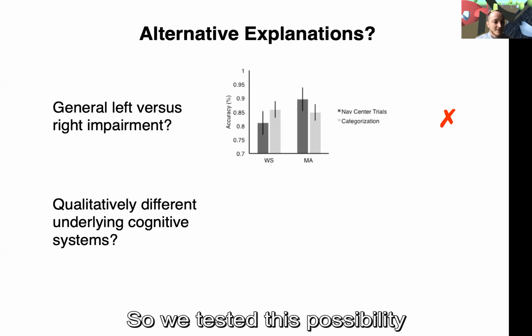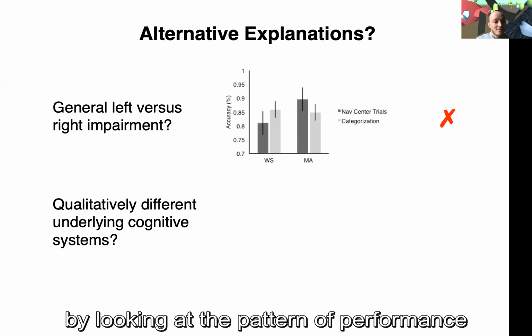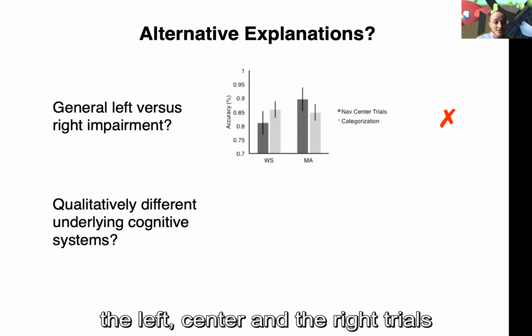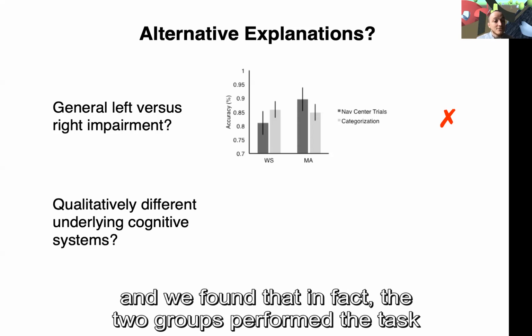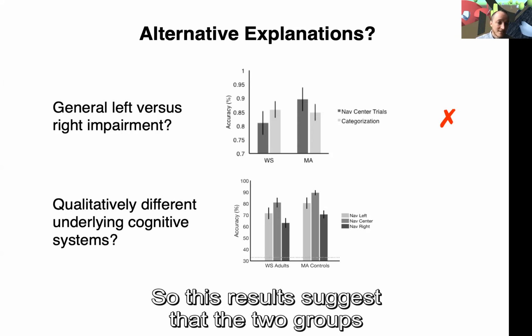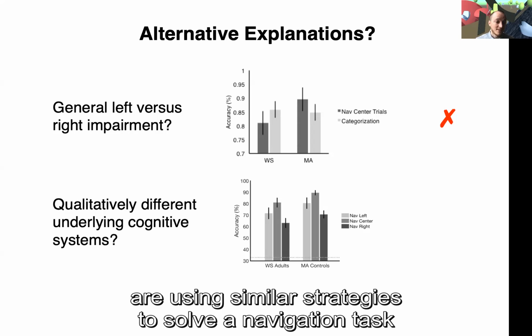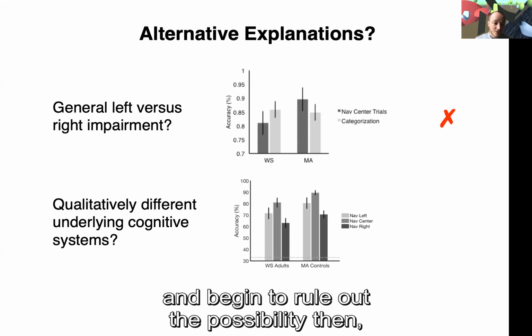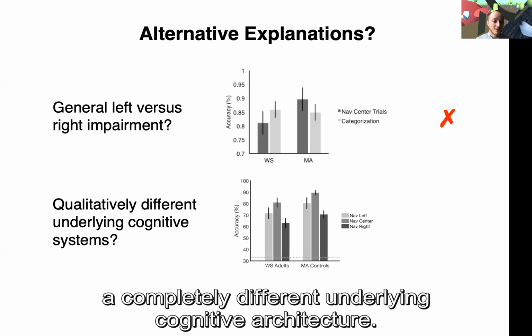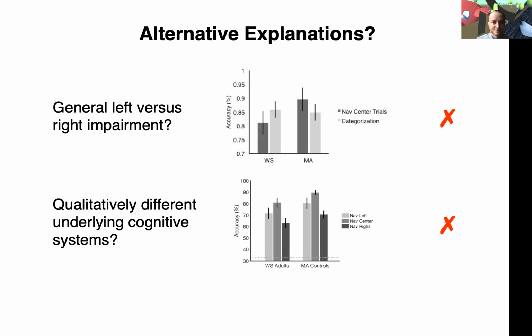So we tested this possibility by looking at the pattern of performance across the different trial types of the navigation task, the left, the center, and the right trials. And we found that in fact, the two groups performed the task in the same way, actually doing best on the center trials. So this result suggests that the two groups are using similar strategies to solve the navigation task and begins to rule out the possibility then that Williams syndrome just involves a completely different underlying cognitive architecture.